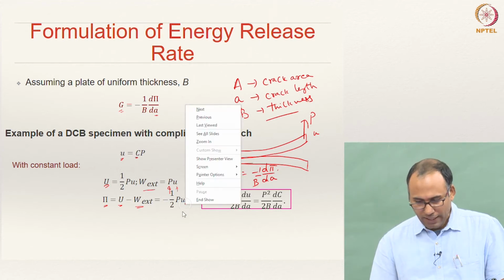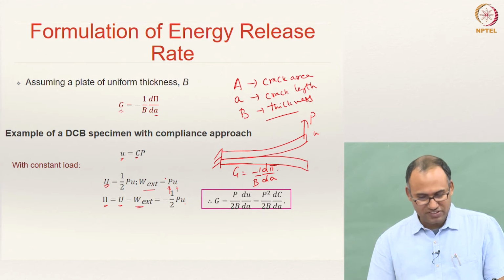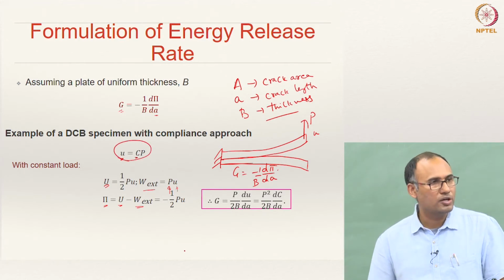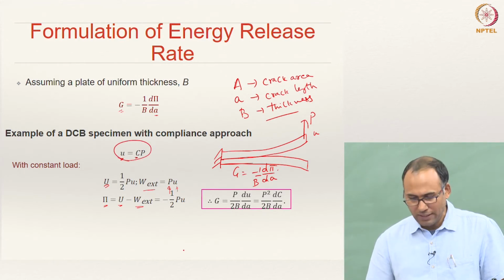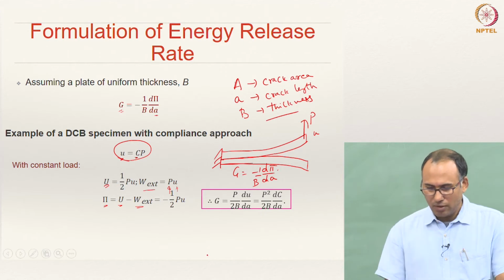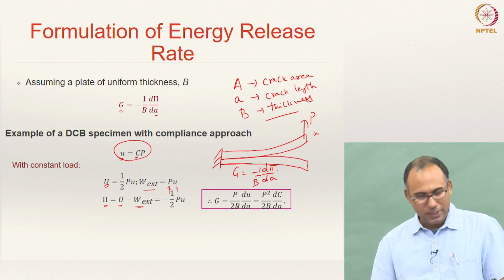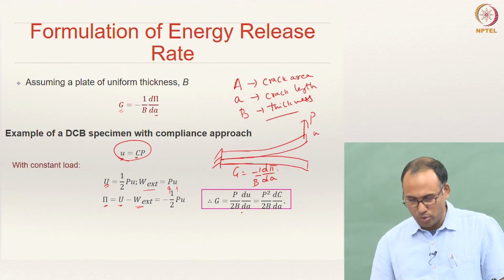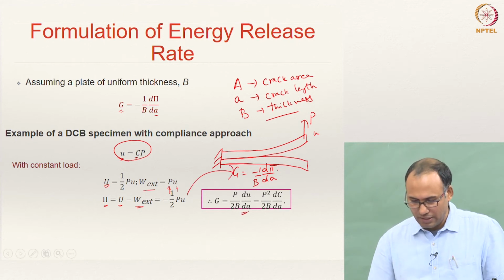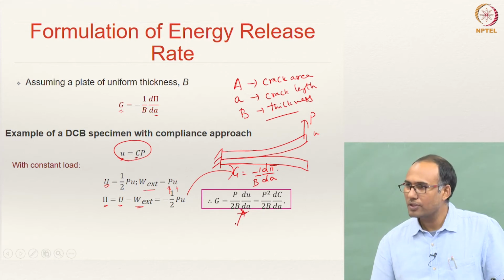Then I replace U with C: U equal to C times P, so half P times U can be written as P by 2B times dU by dA.